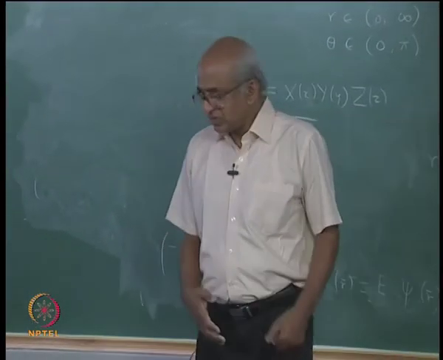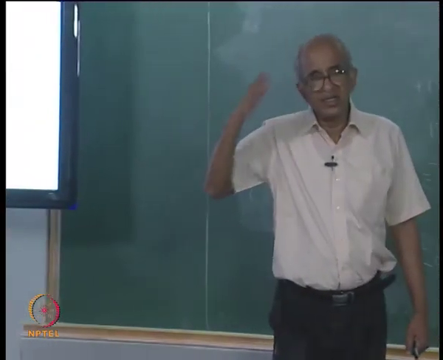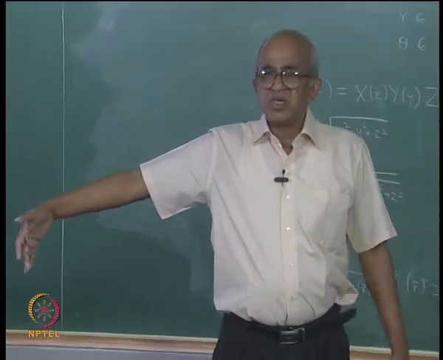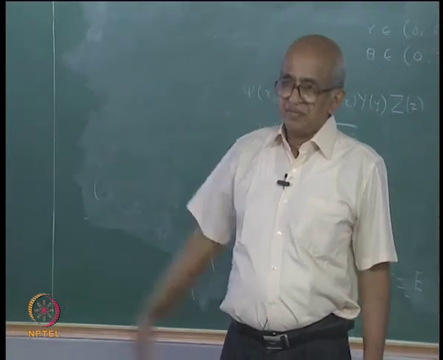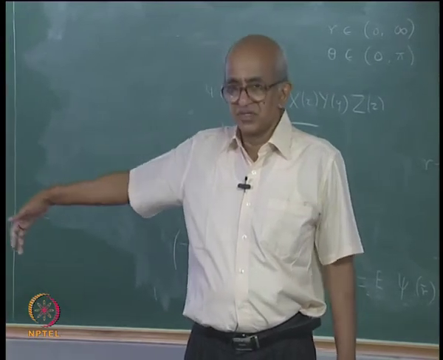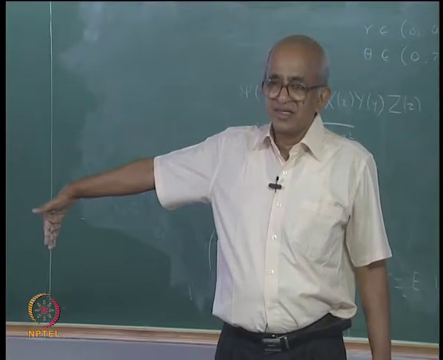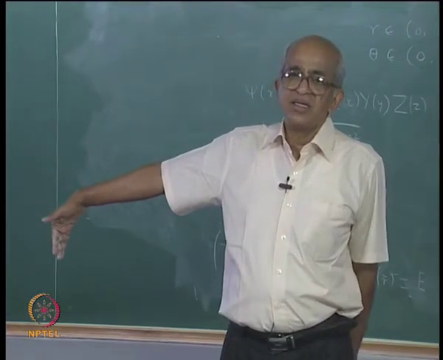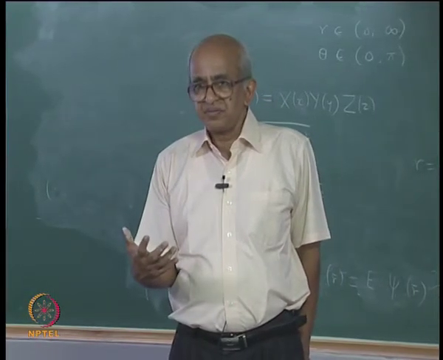Now suppose I am standing somewhere here, so that my head is in, which plane would you like to have my head? Let me say in the xz plane. Suppose I am standing somewhere there, unfortunately in this room I cannot do that, such that my head is in the xz plane. Then what would be the value of phi?